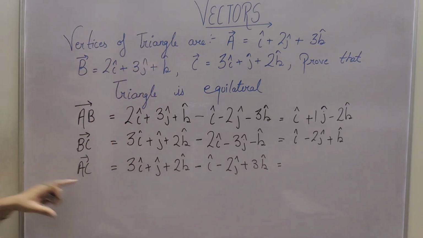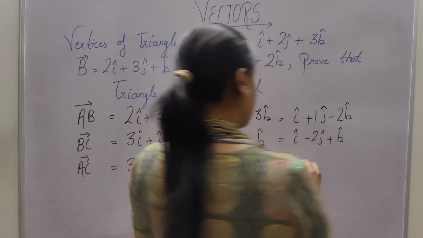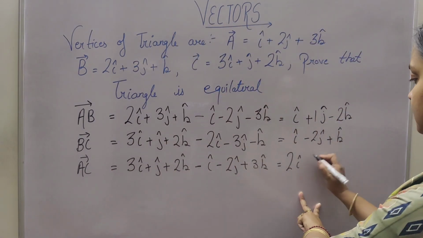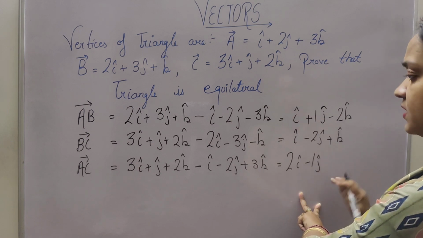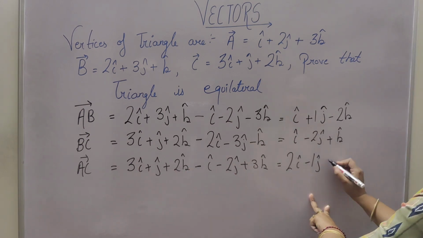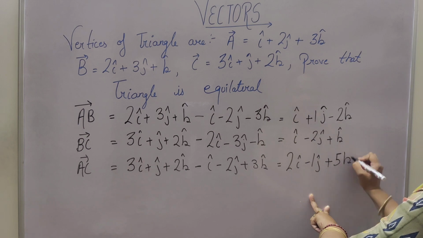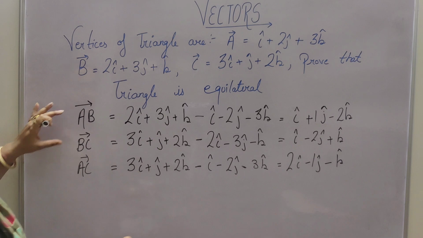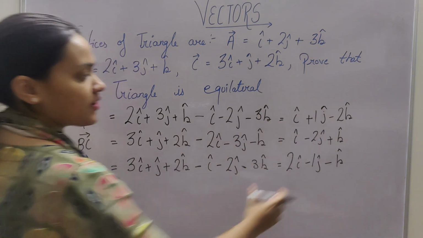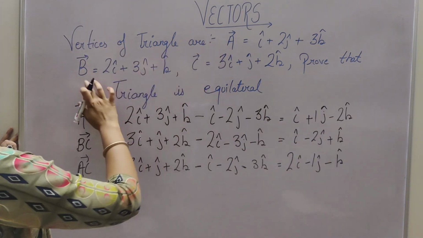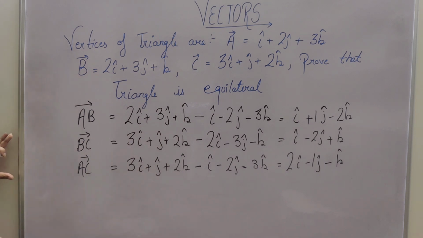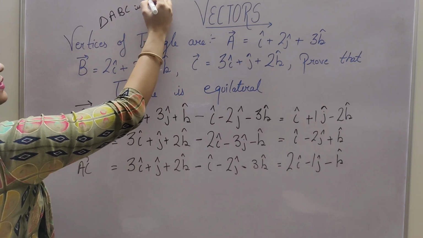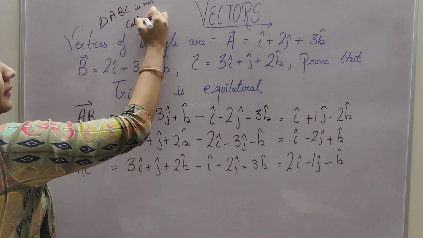The value comes 3 minus 1, 2i, 1 minus 2, minus 1j, plus 2 minus 3, minus 1k. As we can see, all three values are different, it means the triangle made by A, B and C is not collinear.